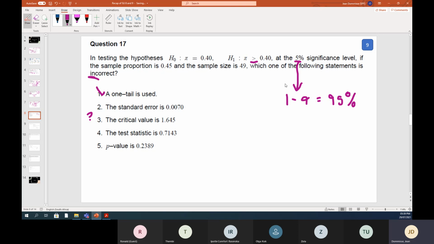Let's just look at the other questions that were also options. If a sample proportion is that and the sample size is that, which of the following is incorrect? Okay, so let's work out the standard error. Standard error is basically your standard deviation divided by the square root of n. Okay, so now we need to just remember it's the proportion one.